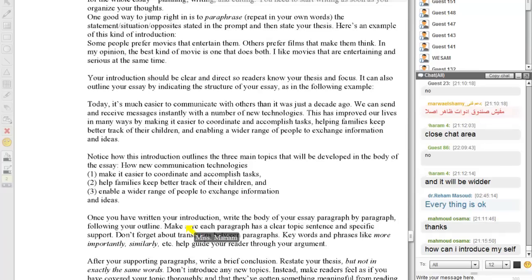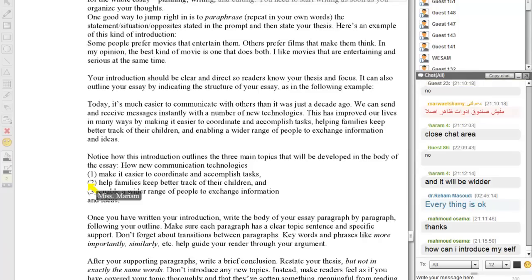Once we finish writing the introduction, it will be much easier to take every point and write it in a separate paragraph. This will be paragraph number 1, this will be paragraph number 2, and this will be paragraph number 3. We are going to support paragraph number 1 with more details or supportive or illustrative ideas.